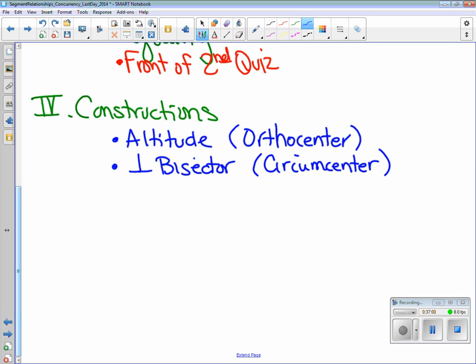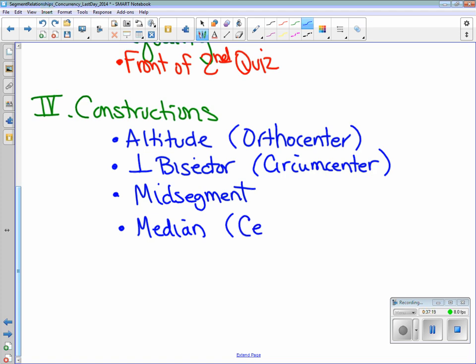You have to be able to construct a midsegment. There's no point of concurrency for a midsegment. You have to be able to construct a median. And the point of concurrency is the centroid. Right?